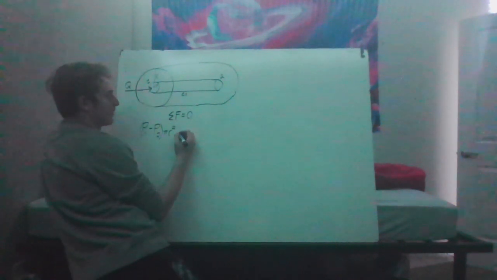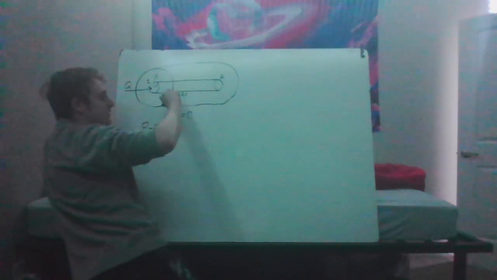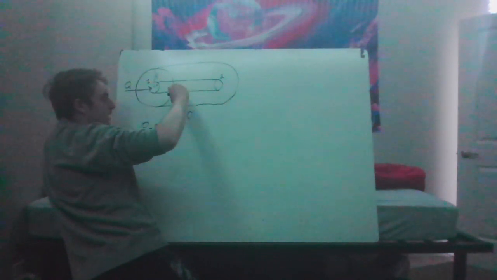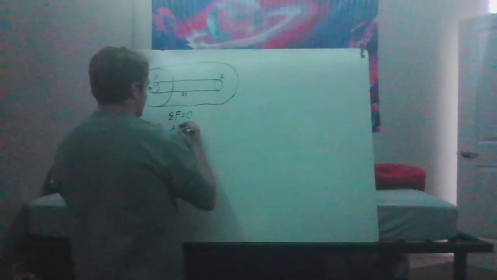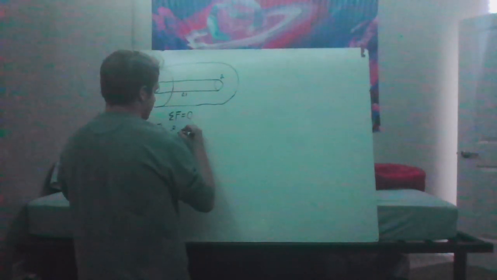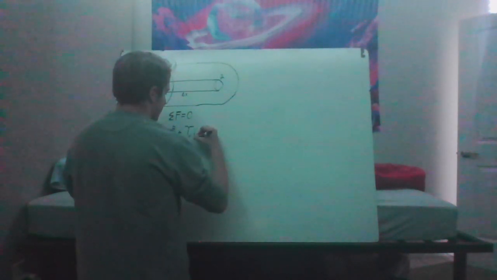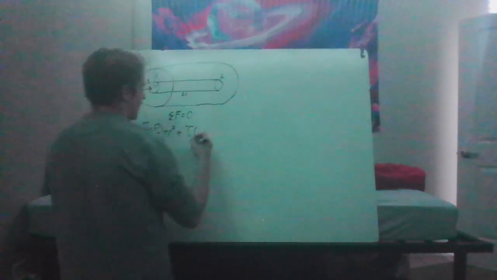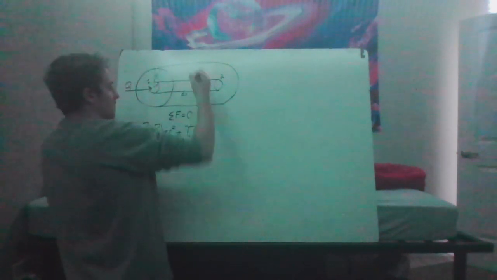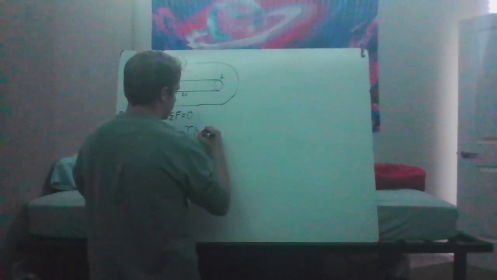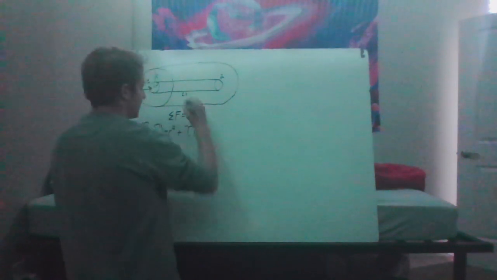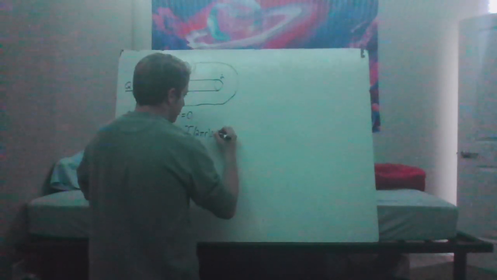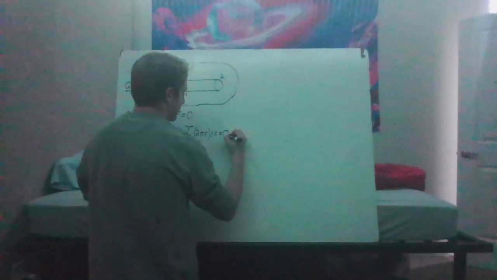And then we will have a shear stress acting on the whole outside of the cylinder here, so we can write that as shear stress times the area around the cylinder, which will be 2 pi r times our length, delta x, and that will still equal 0.